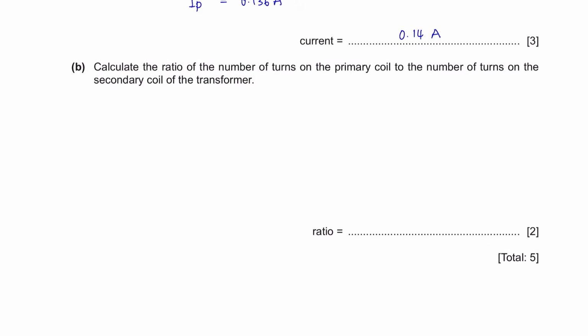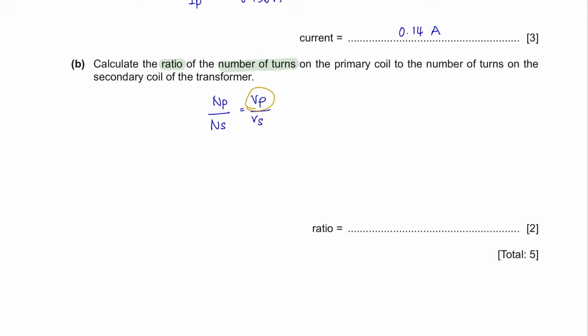Question B. Calculate the ratio of the number of turns on the primary coil to the number of turns on the secondary coil. Okay, this is a very simple question and you should know how to calculate ratio when it comes to transformer. The formula is the number of turns in primary coil over the number of turns in secondary coil is equals to the primary voltage over the secondary voltage.